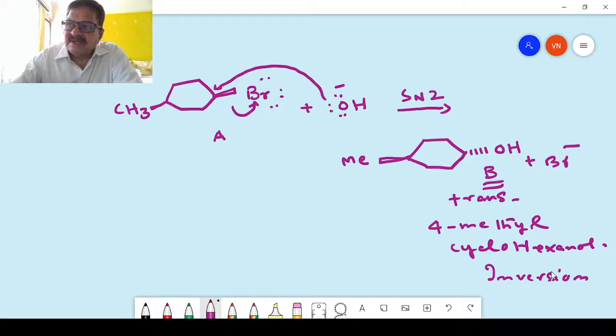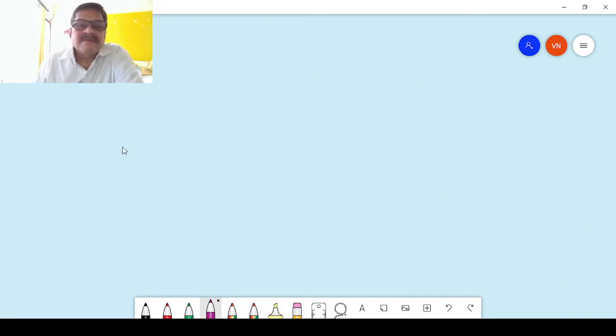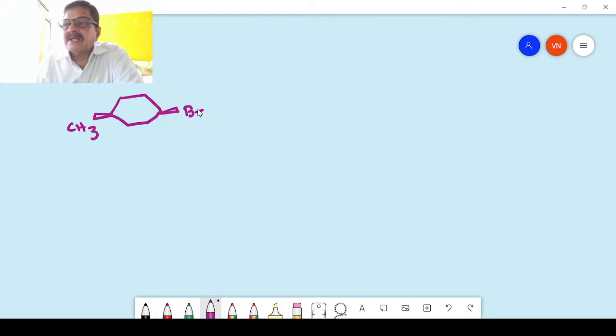So let us see how the reactions are now. This is SN2, which we have written here. Now let us see SN1. So this is our compound here, with Br.